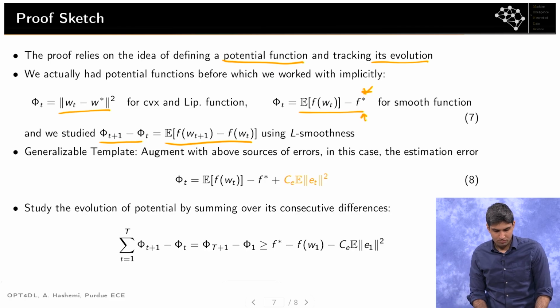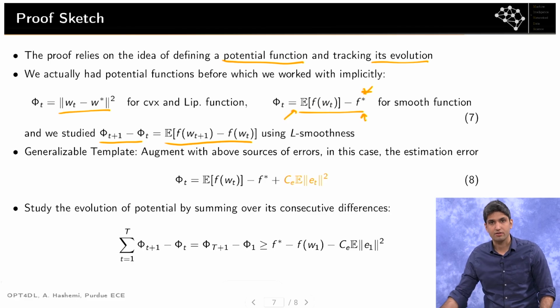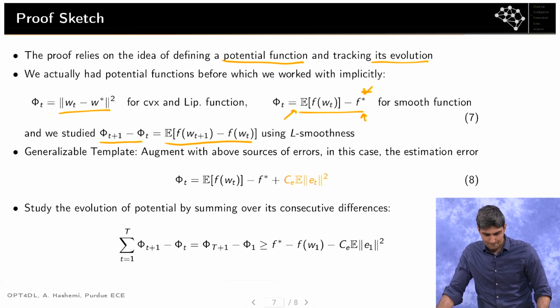So it is useful in those cases to augment the potential sources of errors, such as gradient estimation, with a simple potential function such as the suboptimality gap. And this is exactly what we're going to do here.